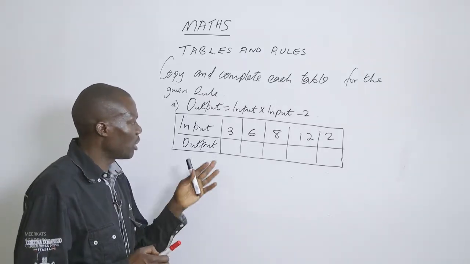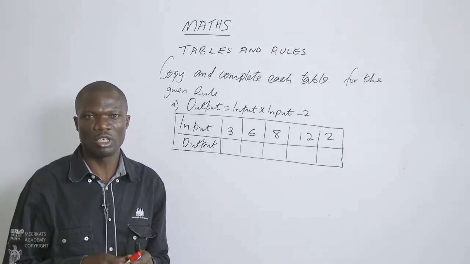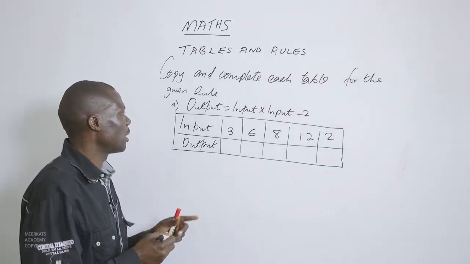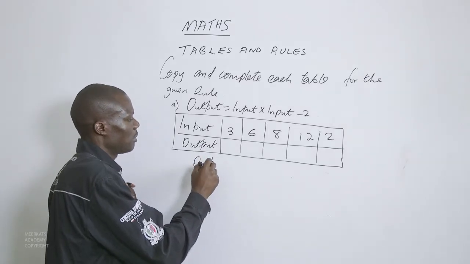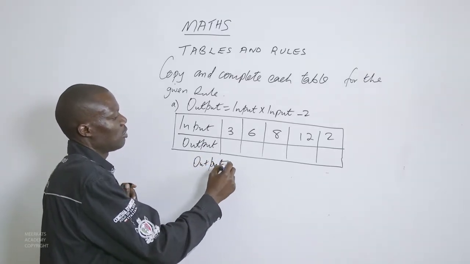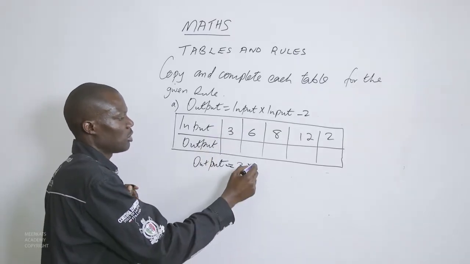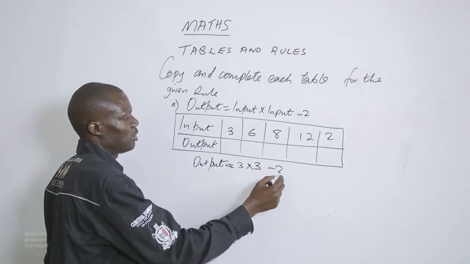In this case, we work it out by substitution. The output for the first part is equal to input, which is 3, times input, which is also 3, and then you minus 2.